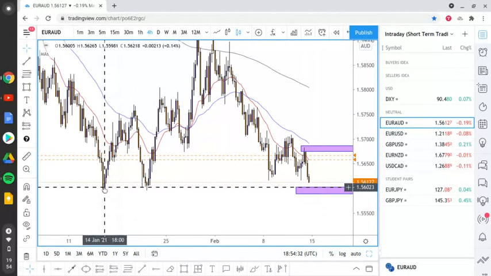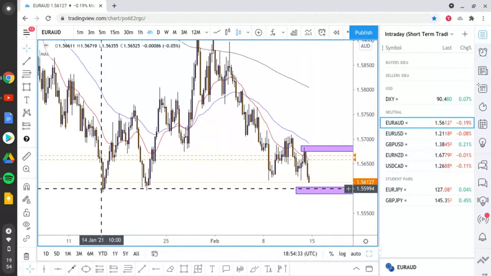Now, a counter trend move could be possible whenever we get down into 1.56, 1.5595, these kinds of areas.